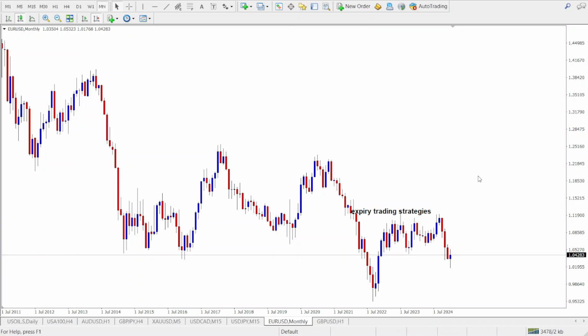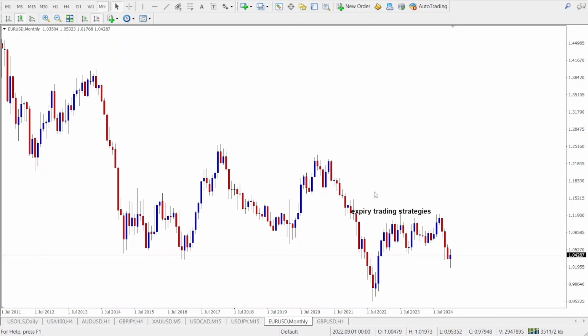knowing when the expiry window is closing allows you to prepare ahead of time. A lot of traders will start paying closer attention to price action as expiration approaches, which often means increased volatility and better trade setups.